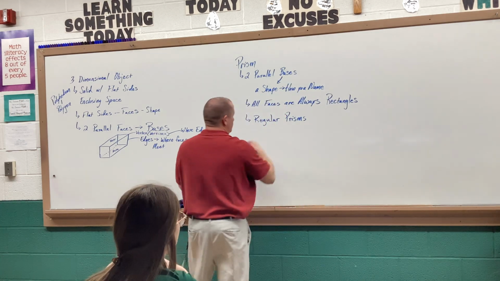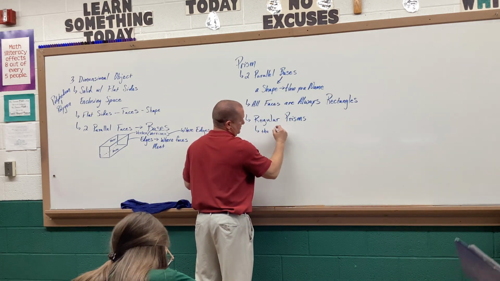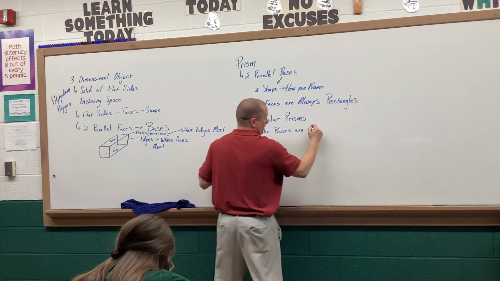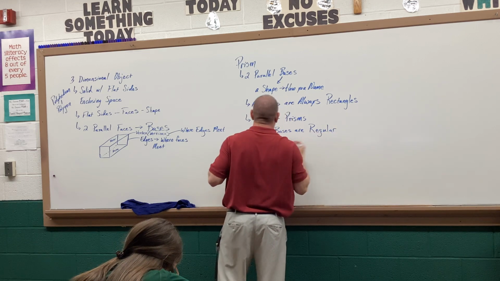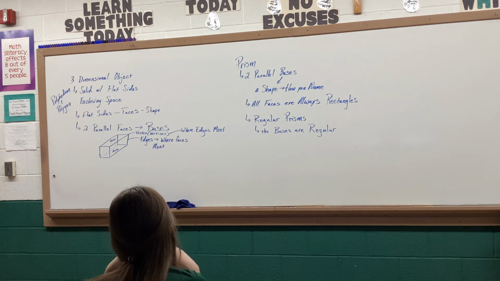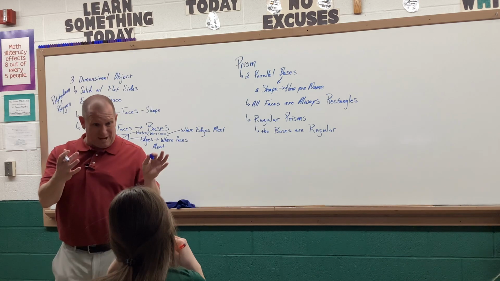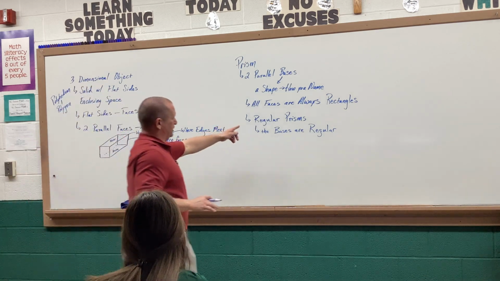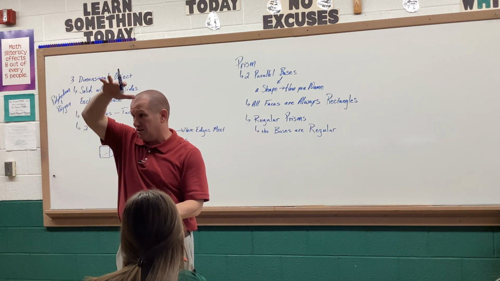So in a regular prism, the bases are regular. Do my edges have to all be the same? No, right? Because my edges in between wouldn't necessarily be the same length as my edges of my hexagon. So when we say a regular prism, we're only talking about the ends, wherever those ends are.